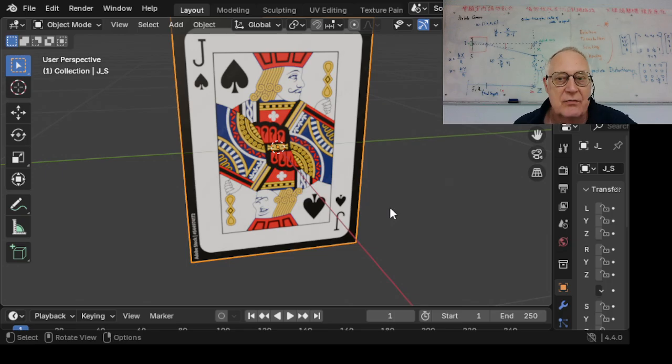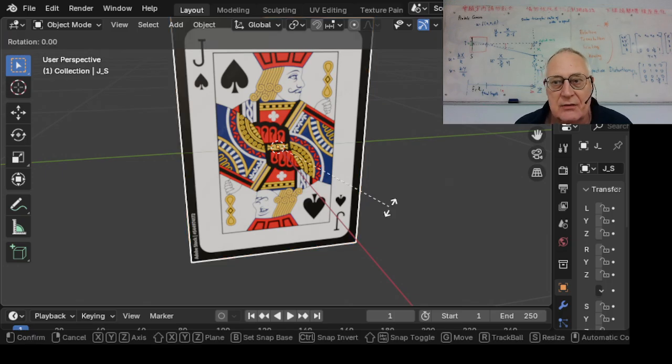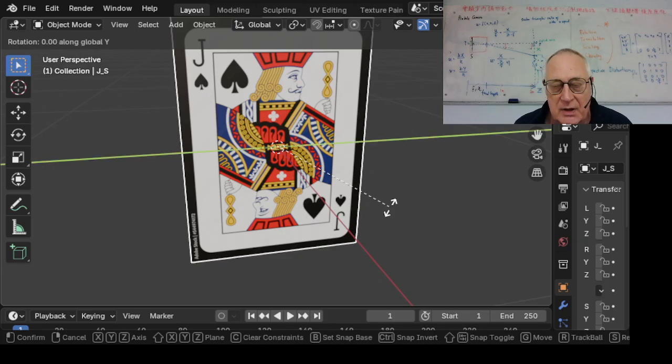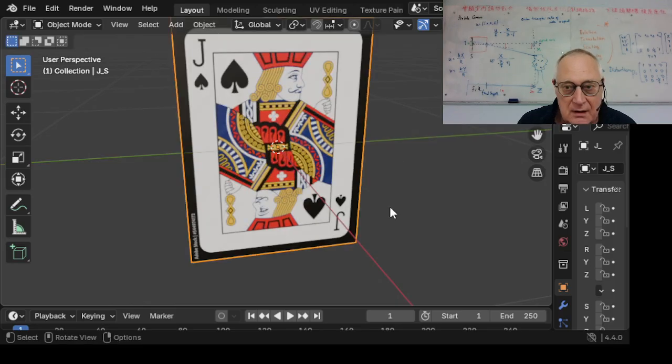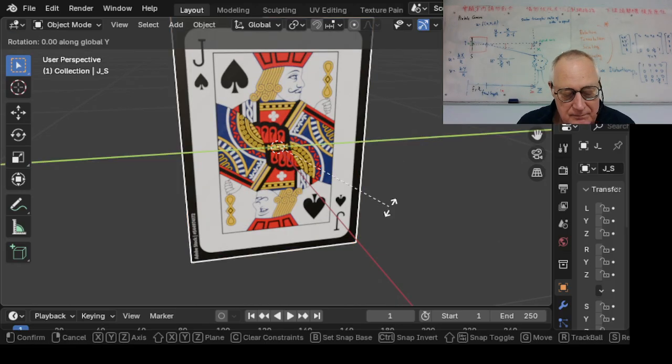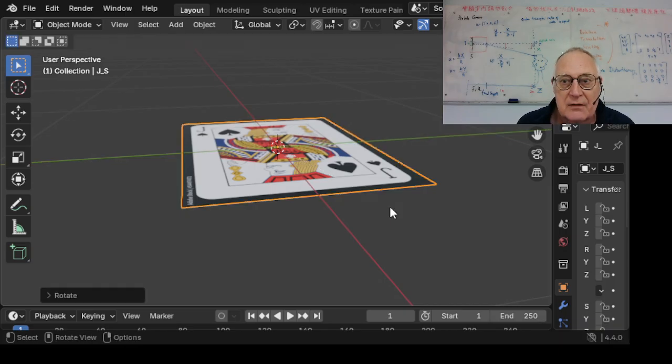But I want it flat on the ground, so I can rotate it around the y-axis by -90 degrees.